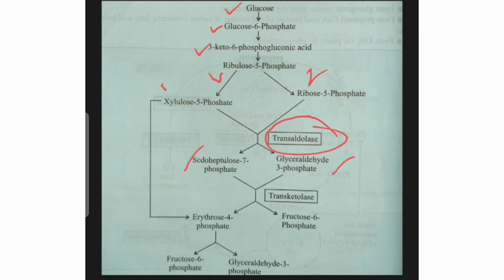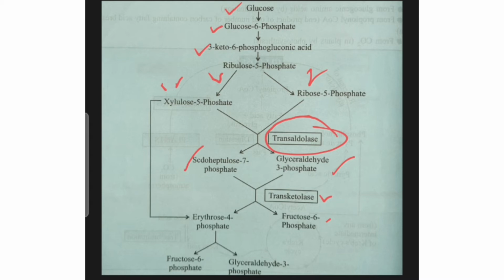These two also react with the transketolase enzyme a second time, producing erythrose 4-phosphate from xylulose 5-phosphate and fructose 6-phosphate from ribulose 5-phosphate. The fructose 6-phosphate will stay here, and from xylulose 5-phosphate the erythrose 4-phosphate can also be produced by a different pathway.